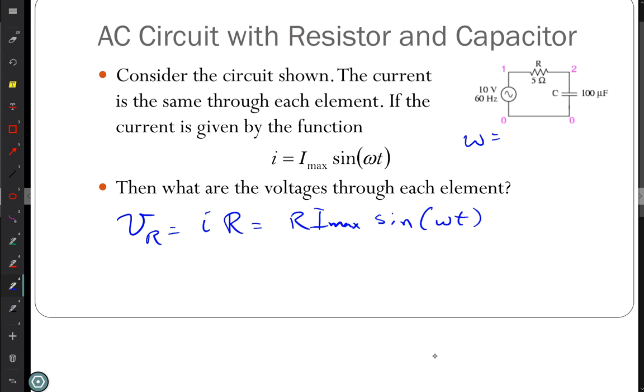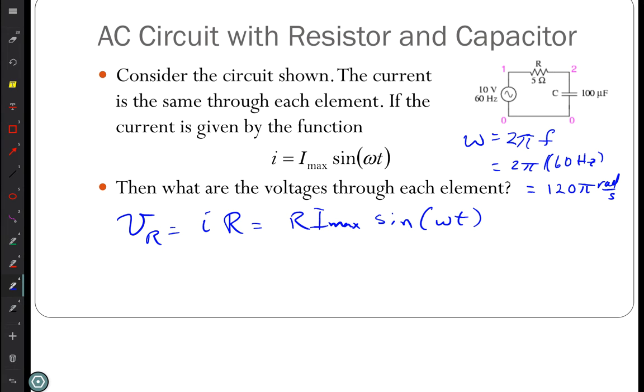All right, it's 2 pi times the frequency. So that's going to be 2 pi times 60 hertz, or thus 120 pi radians per second. So that's what omega is.